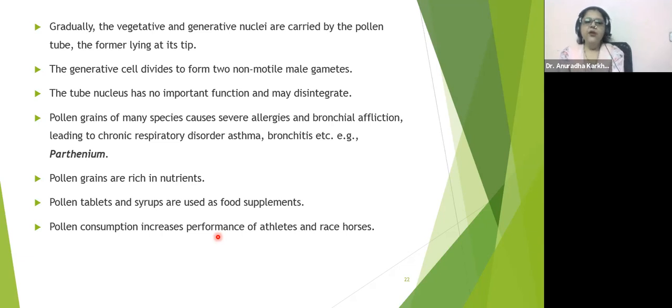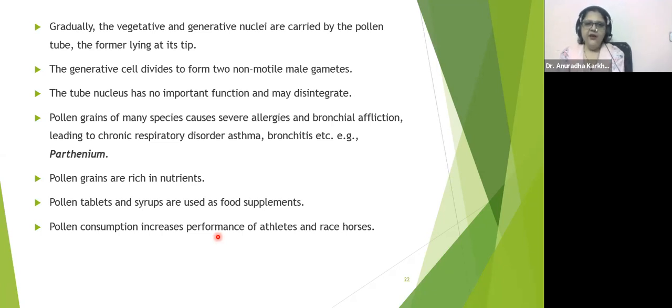Pollen consumption increases the performance of athletes and race horses. The race horses are fed a rich diet of pollen grains so that they get strength, vigor and stamina to run the race and get the top positions. Even athletes consume these pollen tablets and pollen syrups.